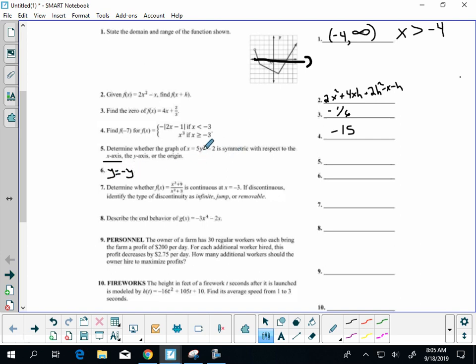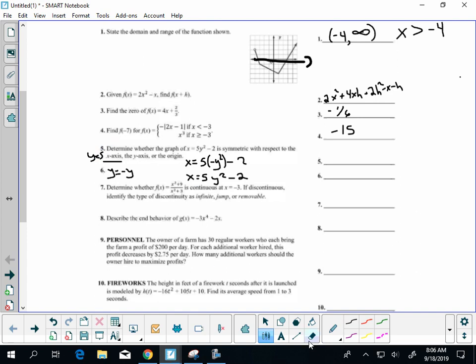So all I'm doing is taking out the y, putting -y, and I get x equals 5 times (-y) squared minus 2. And when I square that, it becomes positive. And wow, I end up exactly with what I started with. So that one is a yes for the x-axis.